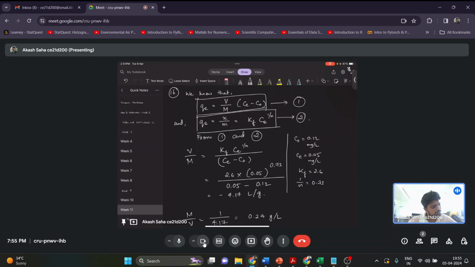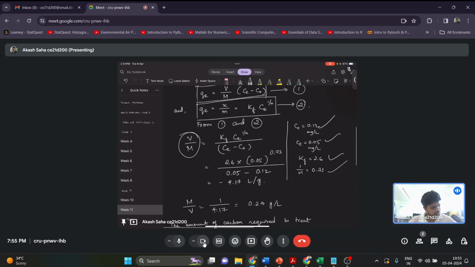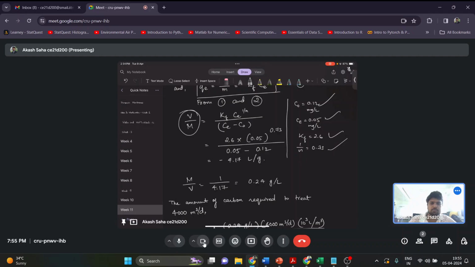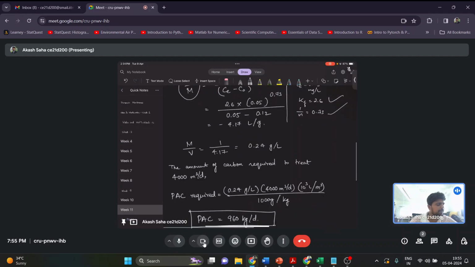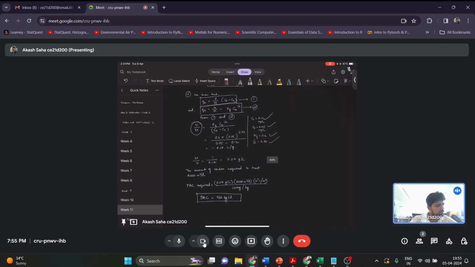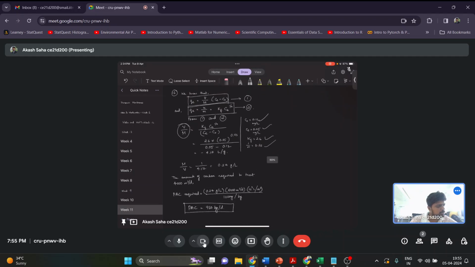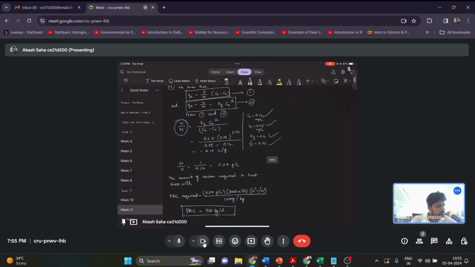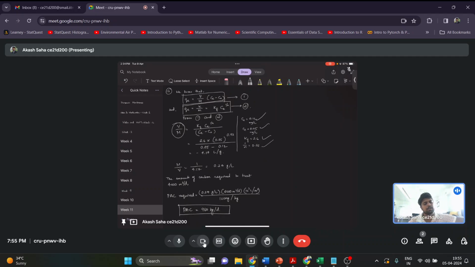So from that we will calculate the V by M by rearranging it and putting in the relevant input parameters. So later we will calculate the mass per volume, that is 0.24 gram per liter, and then by multiplying it with the flow rate we will get the answer. Okay, so I'll zoom out and you can see the solution again and note it down.